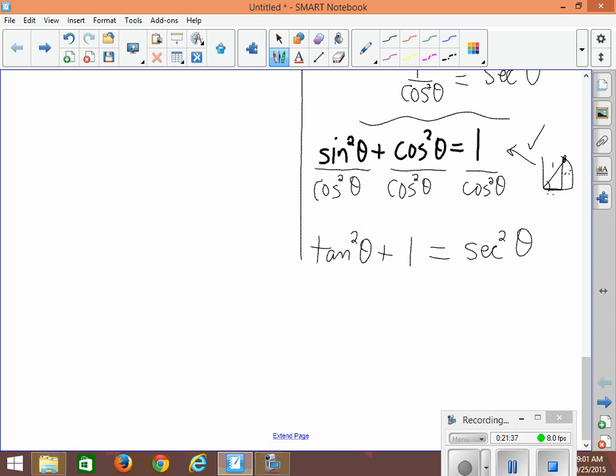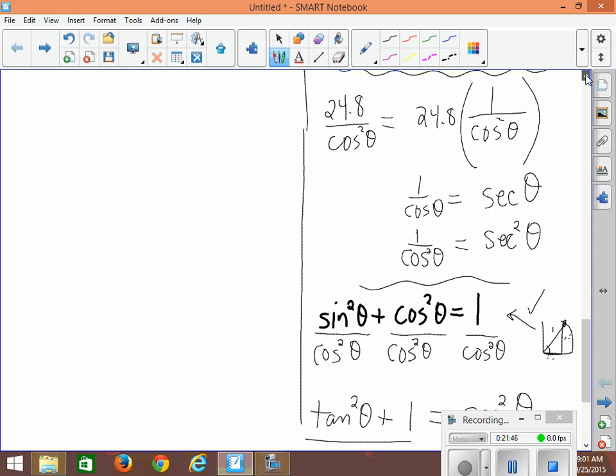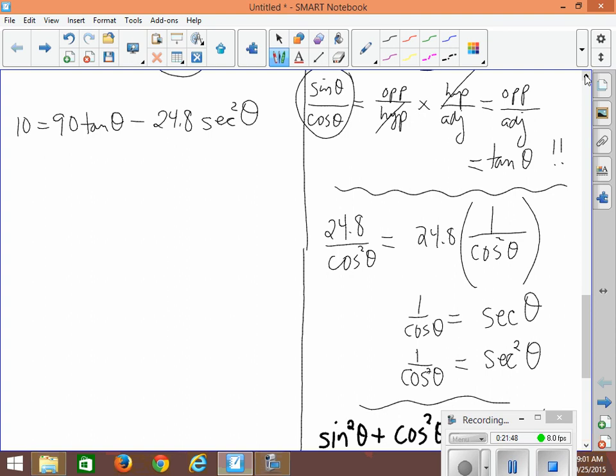So this is an identity. It's telling us that we can replace secant squared theta with this expression, tan squared theta plus 1. And that's very handy because up here I have a secant squared theta. Let's replace it with what we just found. Equals 90. We'll leave the tan theta alone for now.